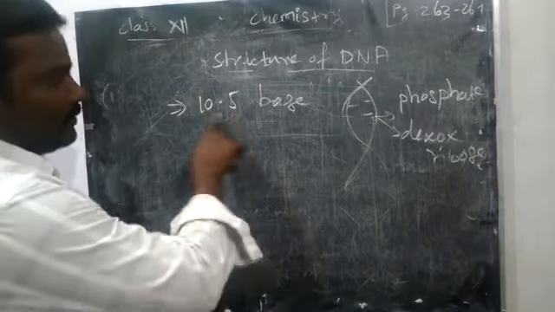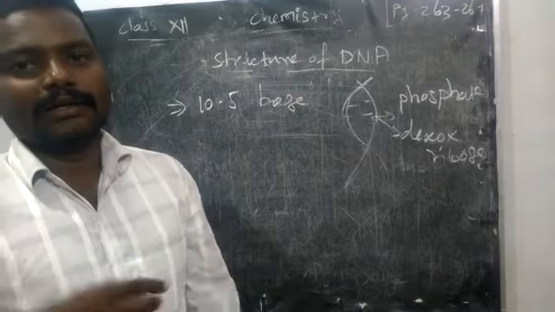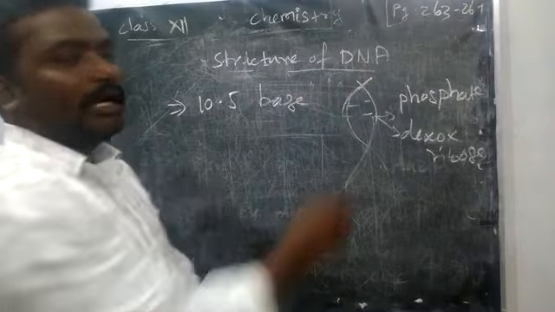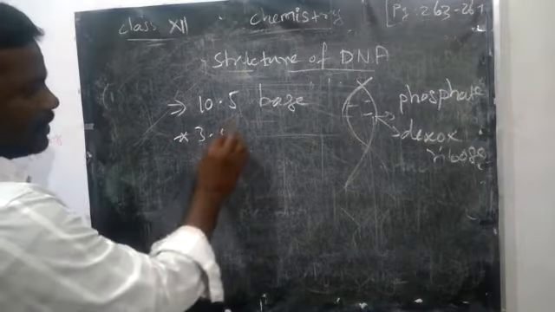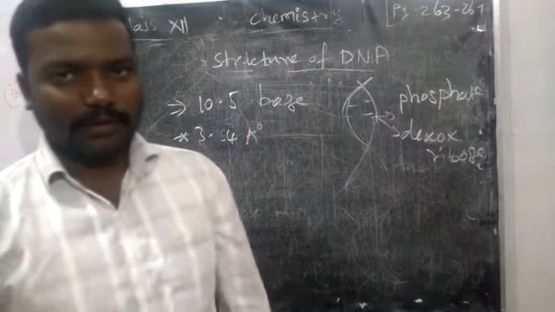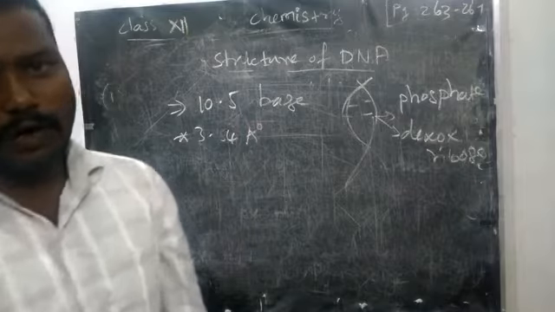The length of that one turn is 3.4 angstrom. This is also important. Within this 3.4 angstrom length, we have 10.5 basic groups arranged.